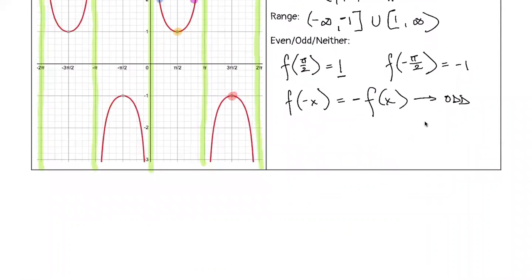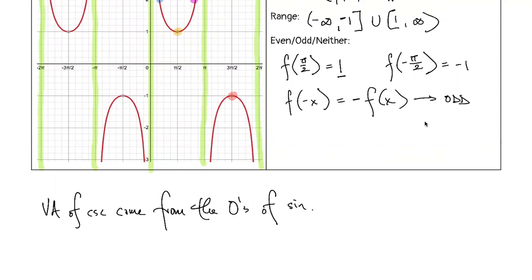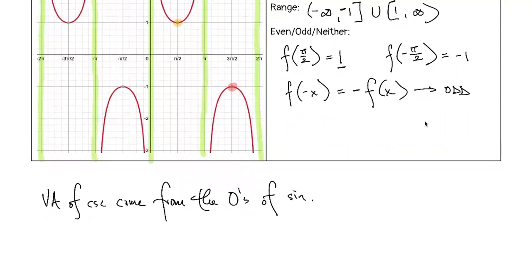One of the patterns that's sort of interesting is that the vertical asymptotes of cosecant come from the zeros of sine. Okay, so the zeros of sine, meaning all the x-intercepts of sine, will give us vertical asymptotes in cosecant.